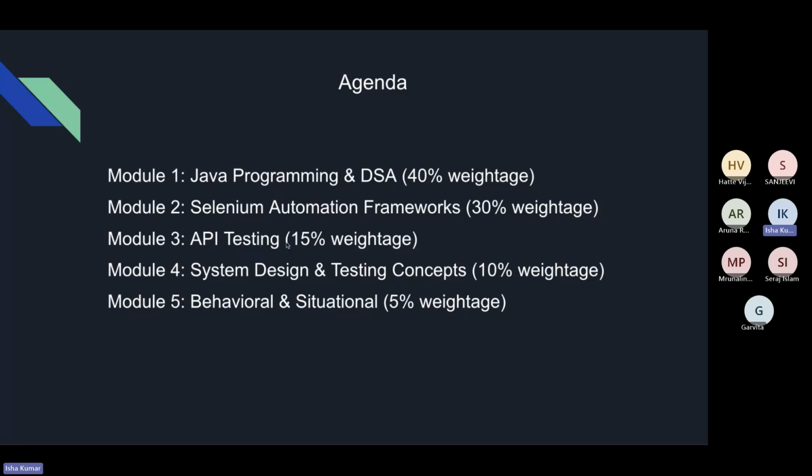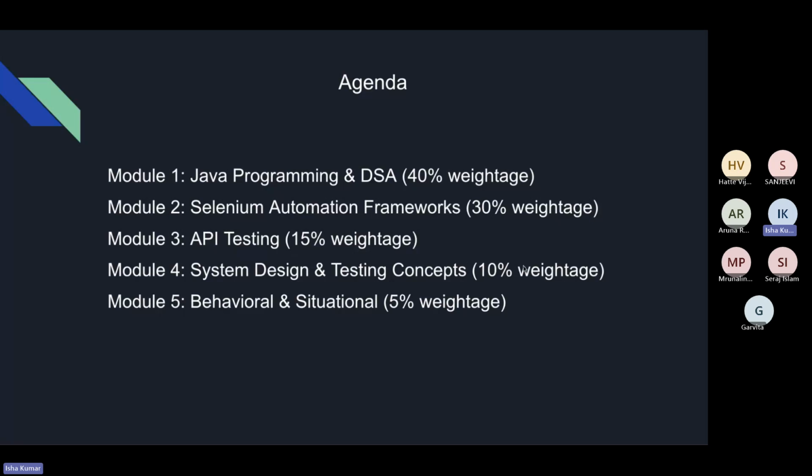But because this is not a 100% API role, this is Selenium, Java, API, DSA, and Cucumber, so we are giving only 15% weightage to API.